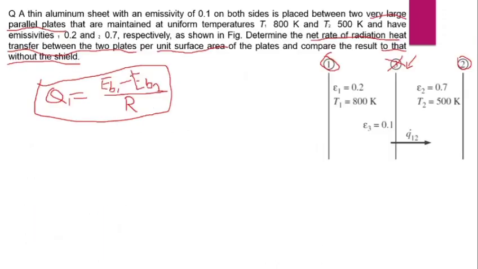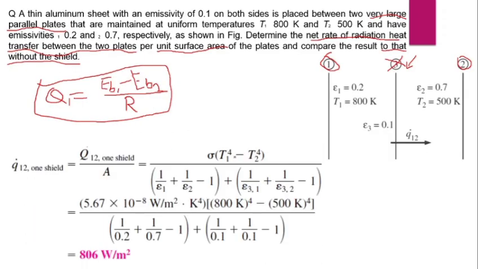Because they are asking per unit surface area, we are simply applying this formula: 1 divided by epsilon 1 plus 1 divided by epsilon 2 minus 1 plus 1 divided by epsilon 31 plus 1 divided by epsilon 32 minus 1.